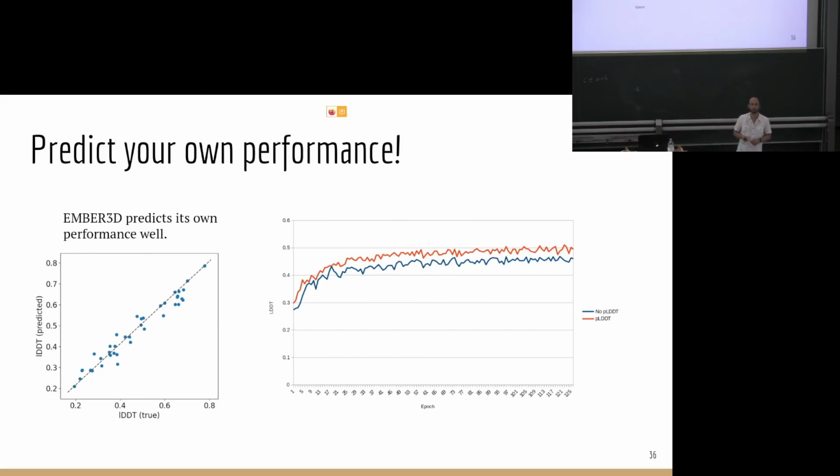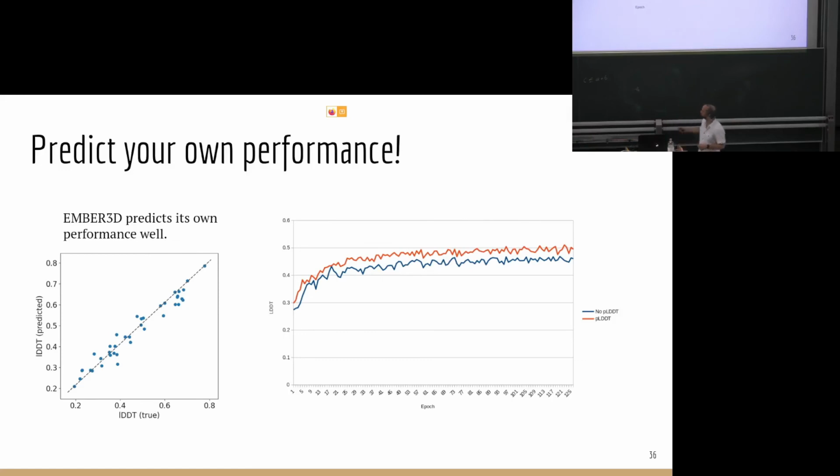But then I was also forming this hypothesis that maybe by predicting its own quality, it's actually learning something that might help the 3D prediction in general. Because what the network has to do is infer the physical correctness of each local environment of each residue, right? And if it's learning something about the physical correctness, then maybe that also helps the network in general.